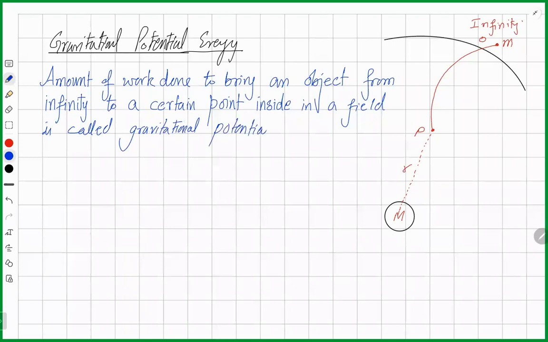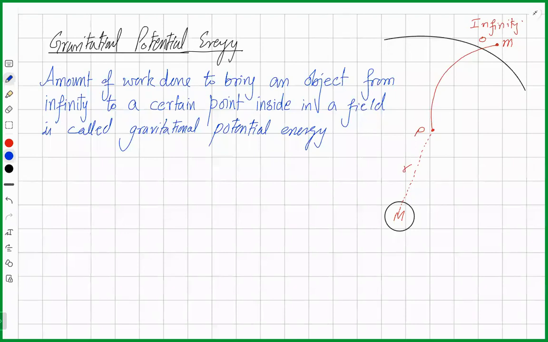Sir, you said the further you go, what happens? Your energy increases. Using which formula, sir? I don't get how that works. Like if we lift something up, what happens to gravitational potential energy? It increases.